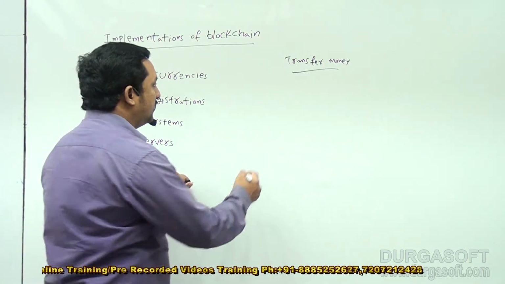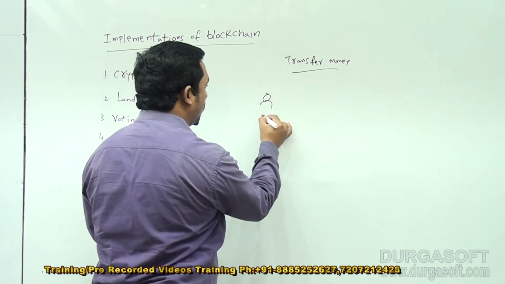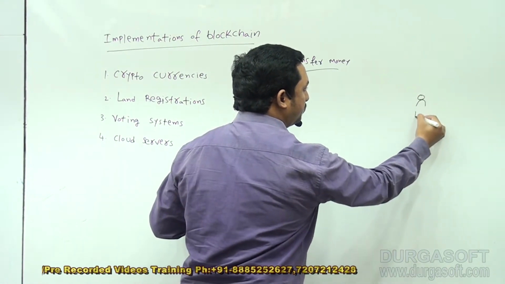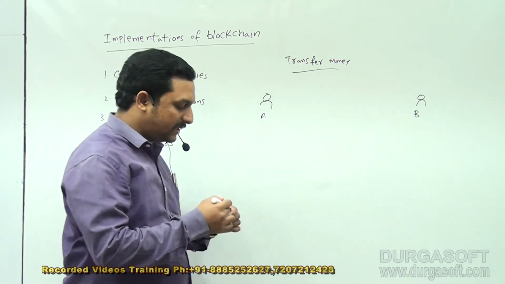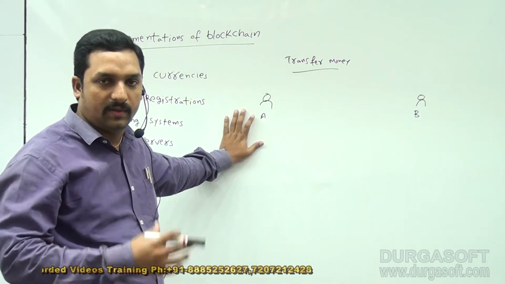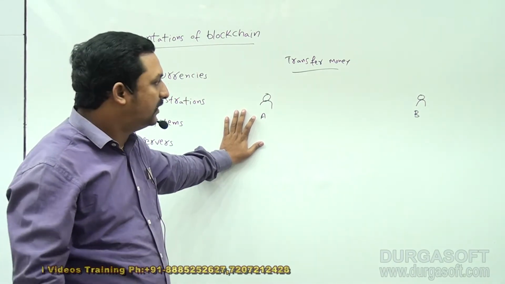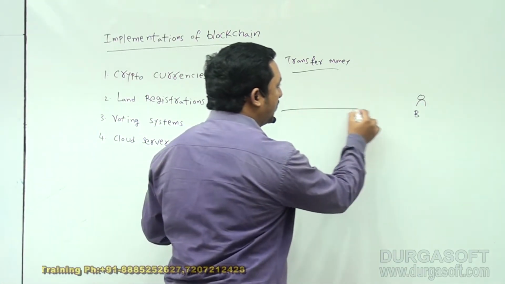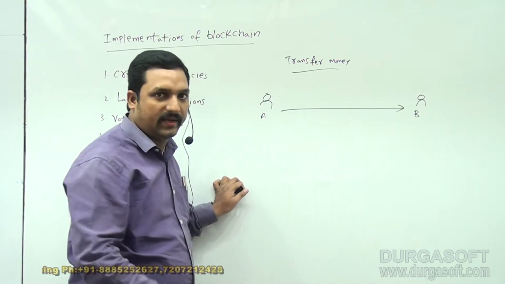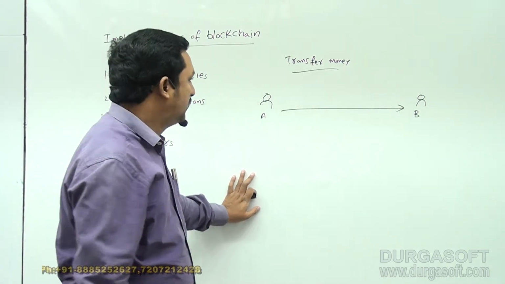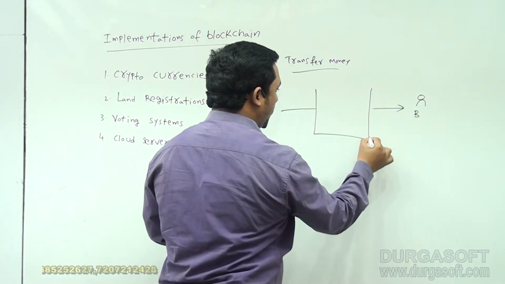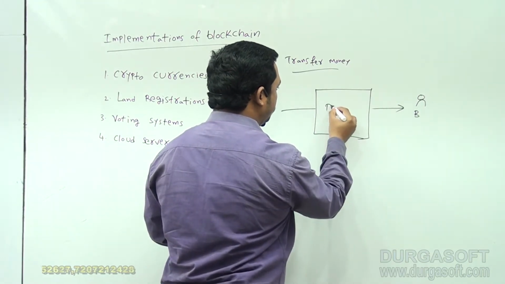So, there is one person called A, and another person called B. This person A wants to transfer some amount of money, suppose 100 rupees, to this particular B. So, can we transfer this money directly? No, we cannot. So, we require an extra mediator. Such a mediator is what? Bank.